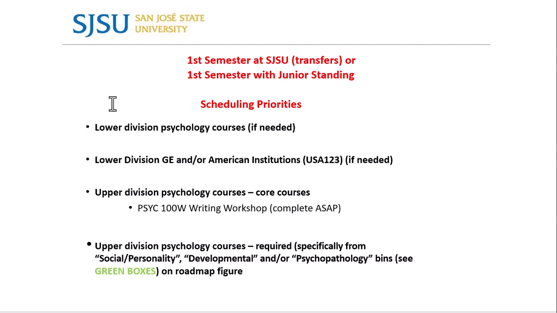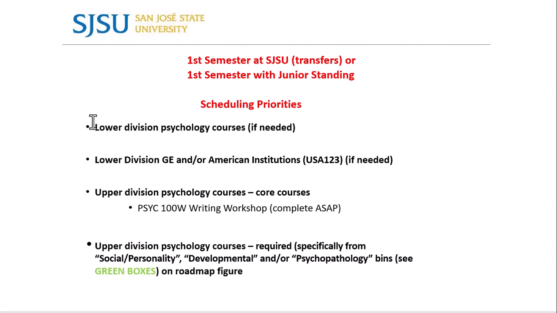All right, so again, the priority is let's just complete all of the lower division courses that you're missing as soon as possible. Another priority would be the 100W, the writing workshop. So make sure that you've completed the prerequisites.